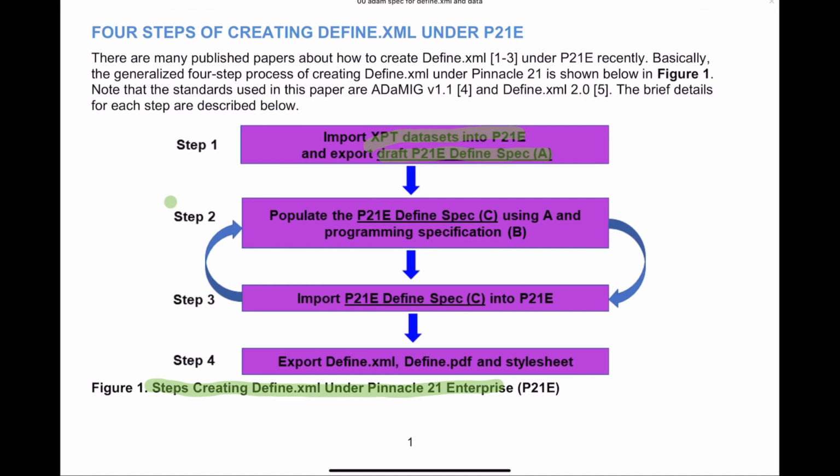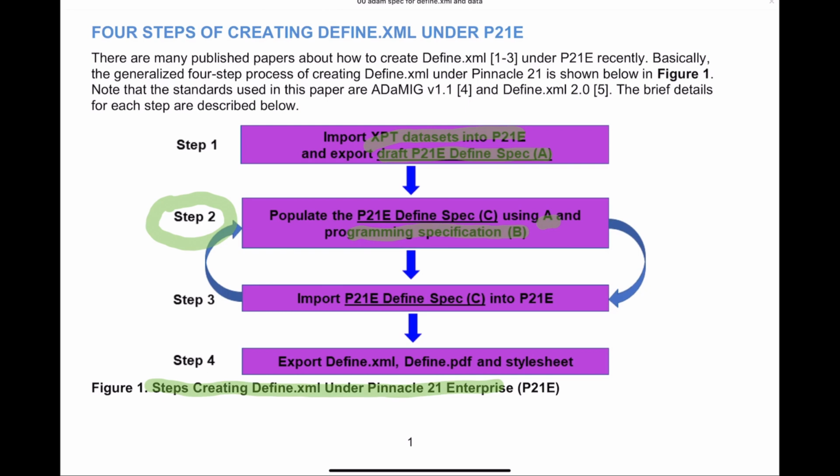And then the second step is the key. This one takes most of the time for Define XML creation. So basically, you will have to get information from either A or your ADaM specifications, the programming specification, B, to get information from A and B into the C.